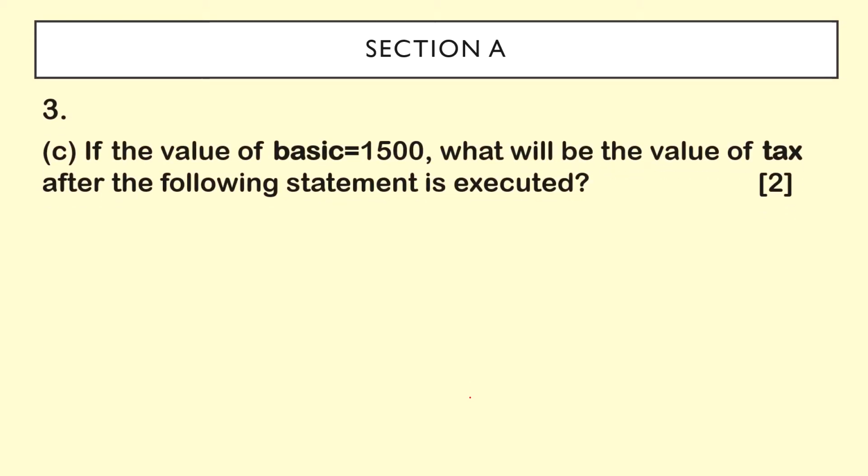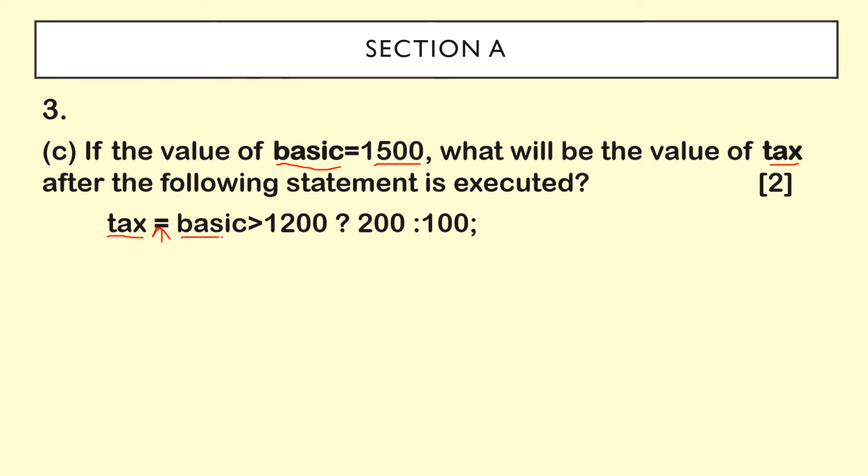If the value of basic, now basic is a variable here which has a value of 1500, what will be the value of tax? Tax is another variable after the following statement is executed. So after the statement given, what will be the value of tax if the basic is 1500? Let's see the statement. Tax equals, this equals is nothing but the assignment operator.